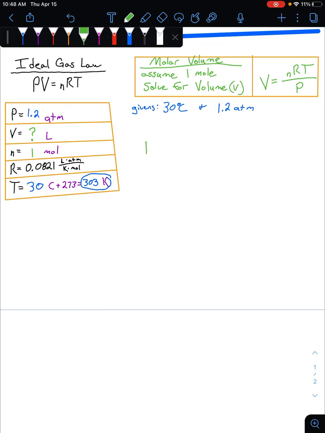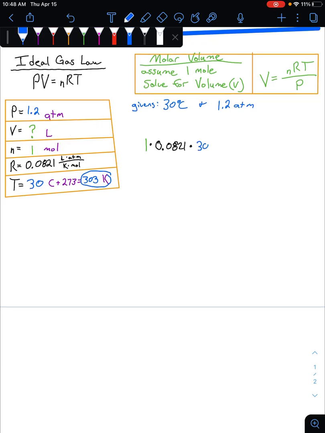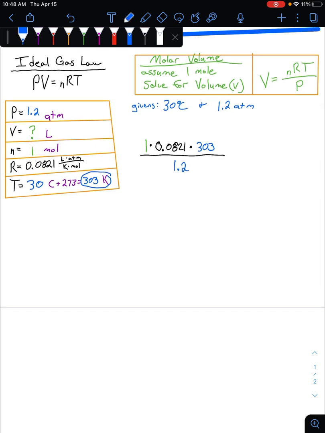1 mole times the gas constant, 0.0821, multiplied by temperature in Kelvin, 303, divided by atmospheres, 1.2.